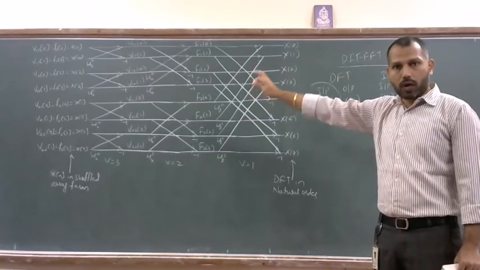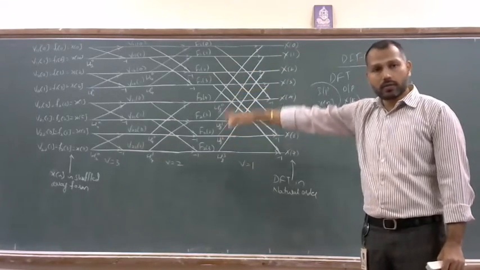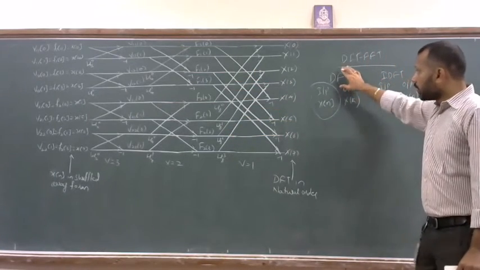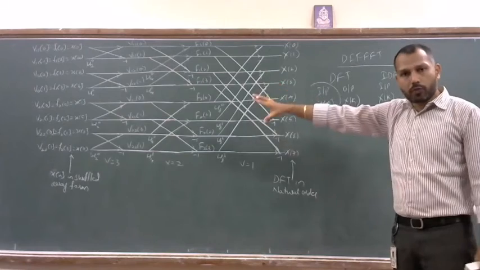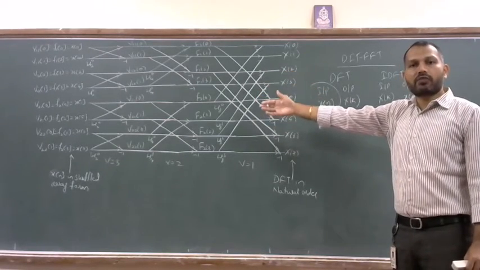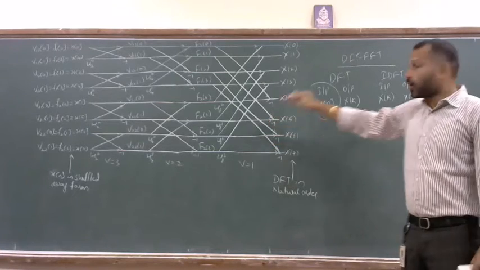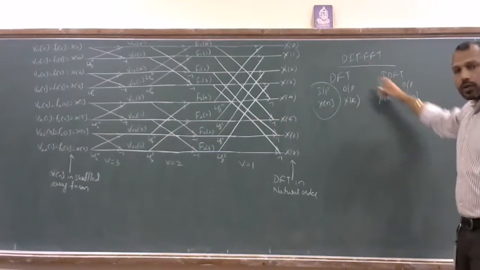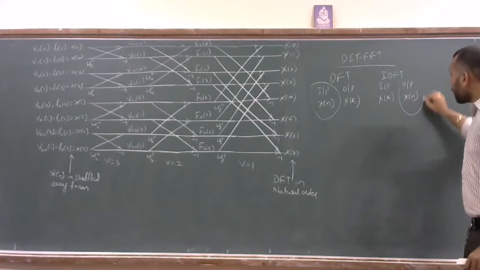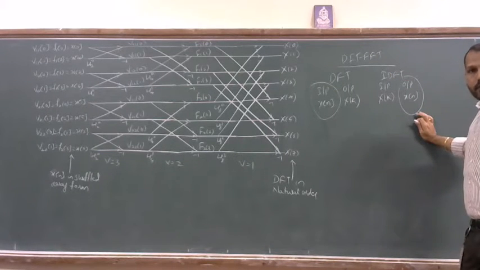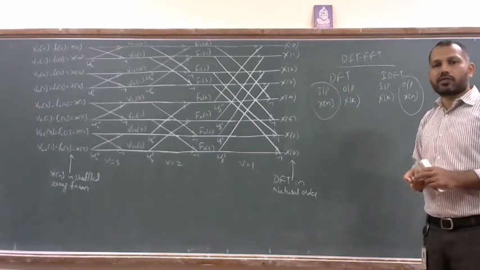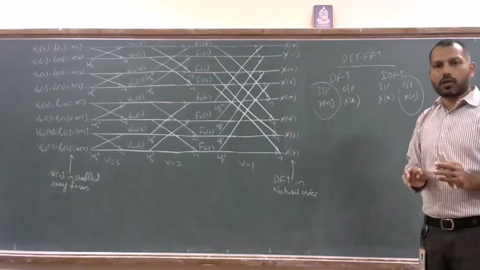We'll go through how we obtain those bit reversed or shuffled array forms. But for calculating the DFT, x of n will be the input, so on the input side the sequence will be in the shuffled array form. Now if we use the DIT-FFT algorithm to calculate the IDFT, the output side will have the time domain sequence, so the output side will be in the bit reversed form. The input side will be in the natural order.